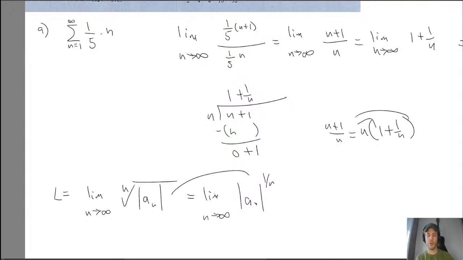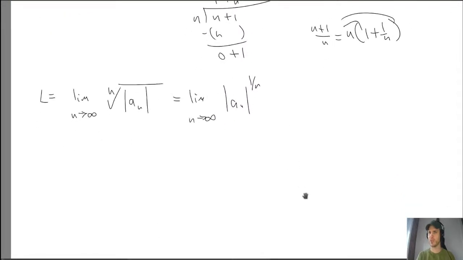These two things are equal. Let me know if you have any confusion on that. This is very similar to the ratio test. If L is less than 1, it's absolutely convergent and thus convergent. If L is greater than 1, it's divergent. If L is equal to 1, then it's inconclusive, which is super annoying, because that's what happened to us here.